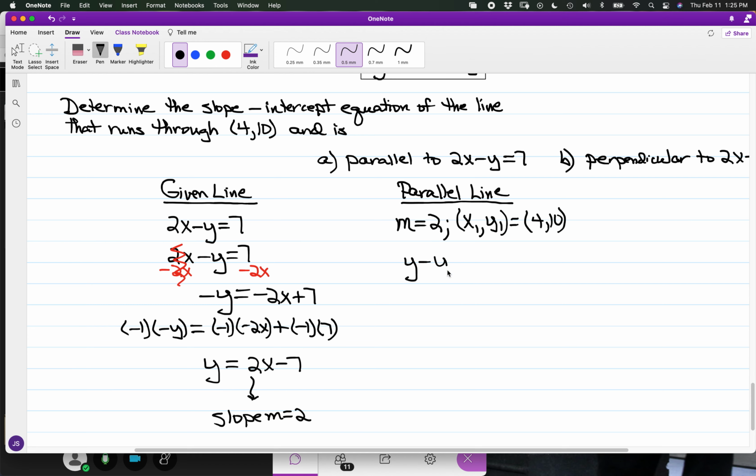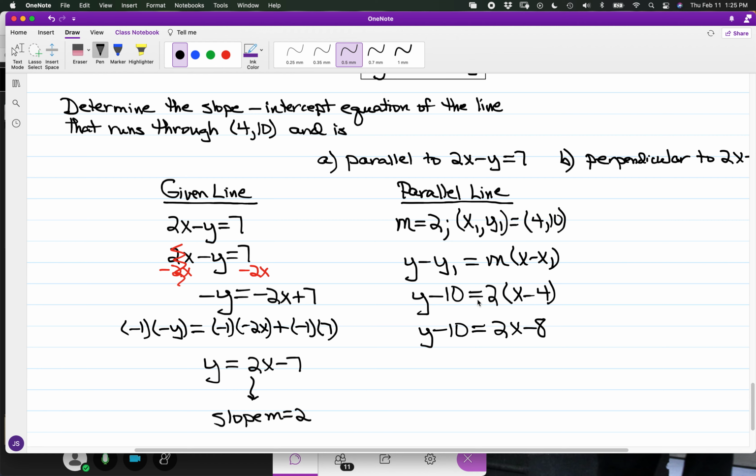And looking at the point slope equation setup, we have y minus y1, so we'll have y minus 10 is equal to the slope m, which we have at 2, times the quantity of x minus 4. So this is going to be the point slope equation. Now for the slope intercept, we have y minus 10 is equal to 2x minus 8.